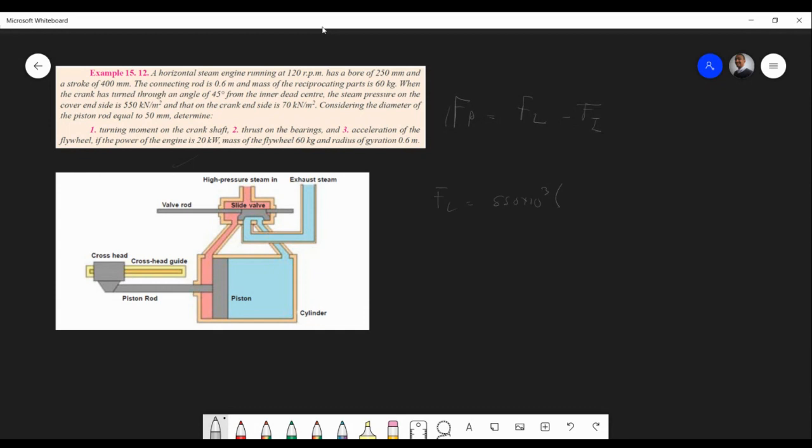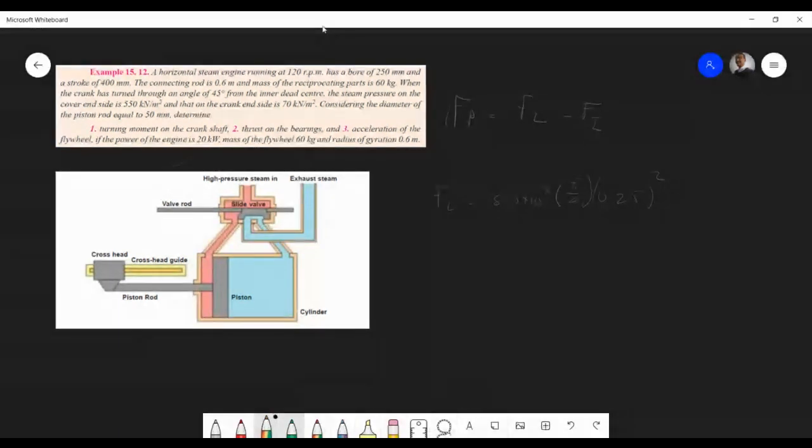So the first one, the 250, will be the piston's diameter, the bore. And that's going to be 250 times pi over 4. Obviously this is just in relation to steam engines, but sometimes you don't even get this. So on this side of the thing, this is the blue.